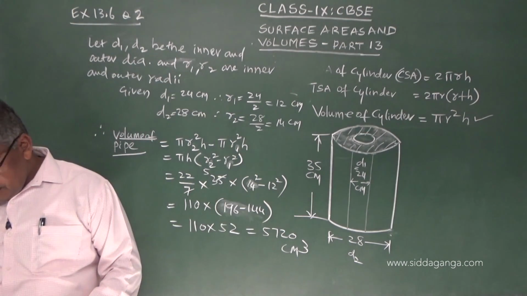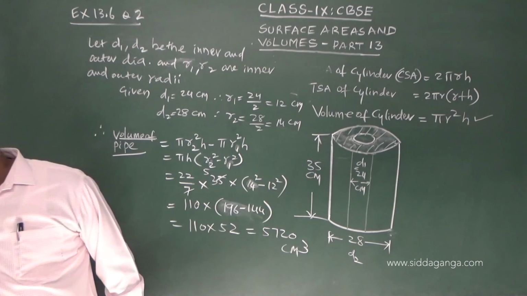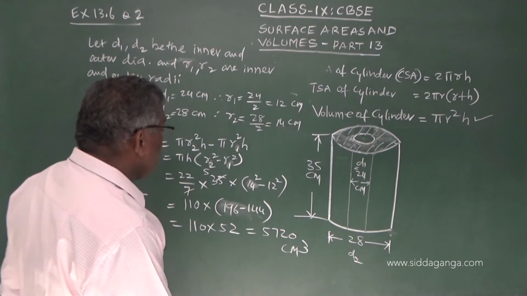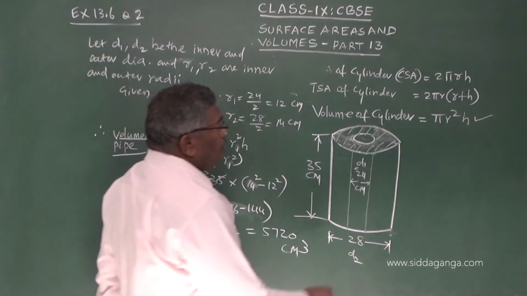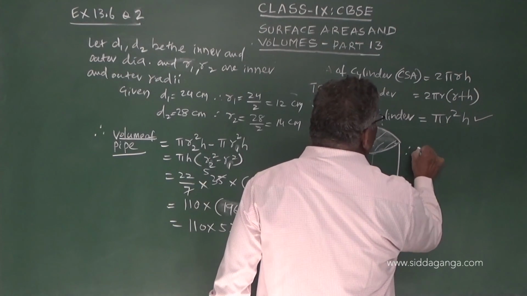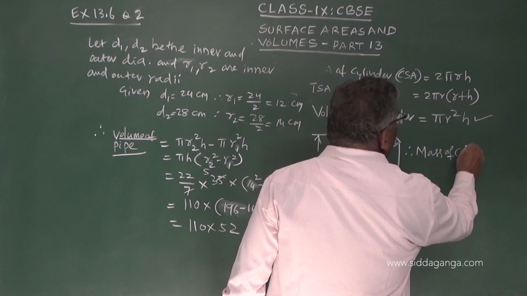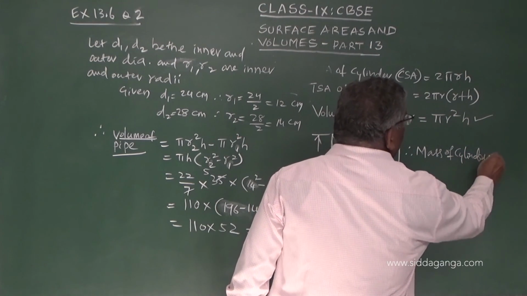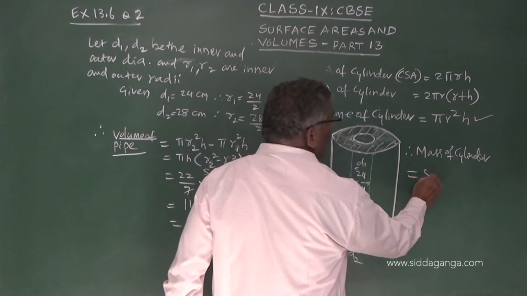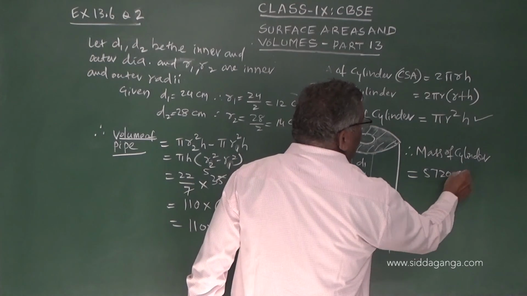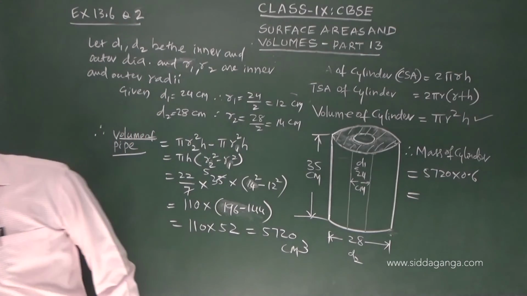The question is 1 cm cube is 0.6 gram. So therefore, what will be the mass of this cylinder? So therefore, mass of cylinder equals 5720 into 0.6. You have to multiply that.